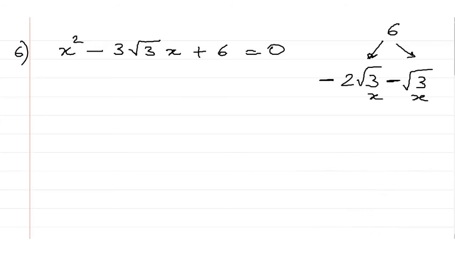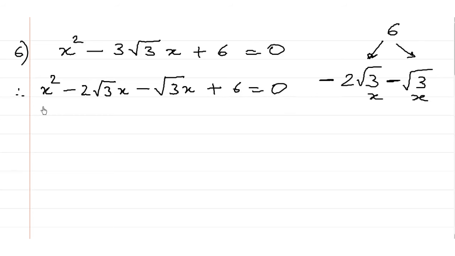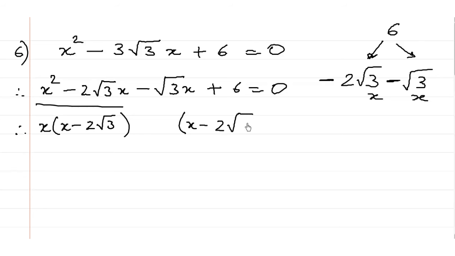x square minus 2 square root of 3x minus square root of 3x plus 6 is equal to 0. Then we have x common, x minus 2 square root of 3. And what should be common in these two? The better idea is, let's first write the bracket x minus 2 square root of 3 is equal to 0, and let's copy down this subtraction sign also.